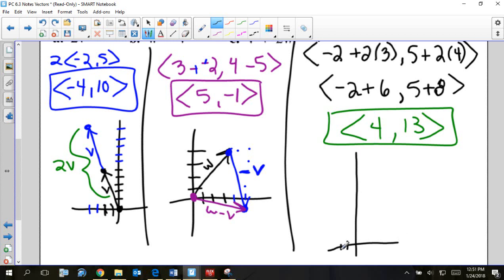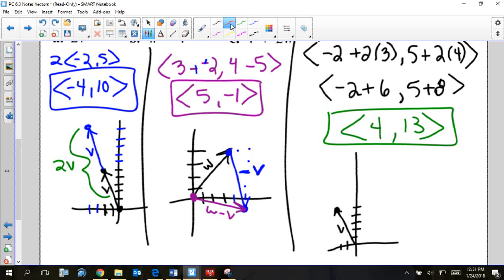So I'm going to go to the left 2 and then up 5. Sorry, I have to stand in front of it to do that, there's V. What do we do to V? We add 2 W's. So from V, I'm going to add on 2 W's. W says 3, 4. So from here, I'm going to go 3, 4 twice.